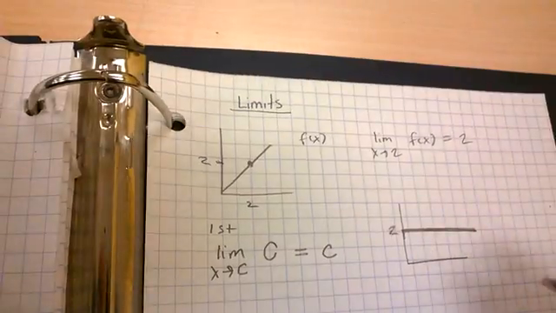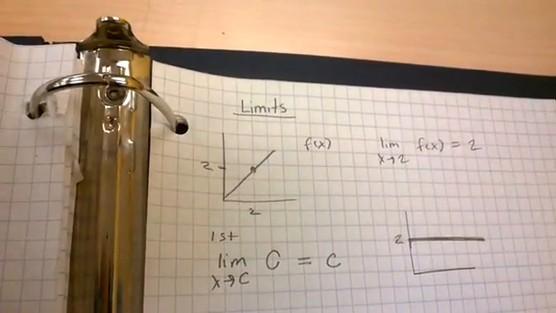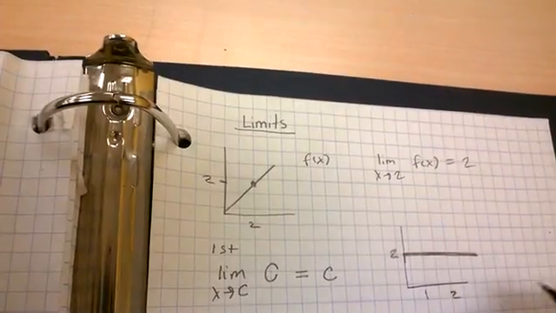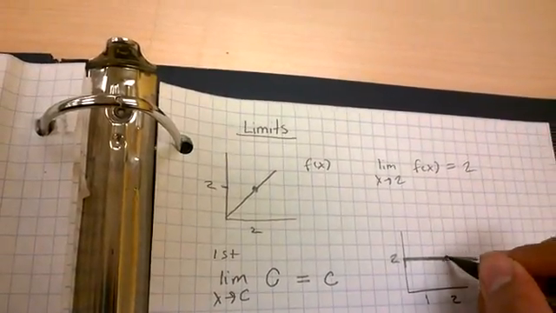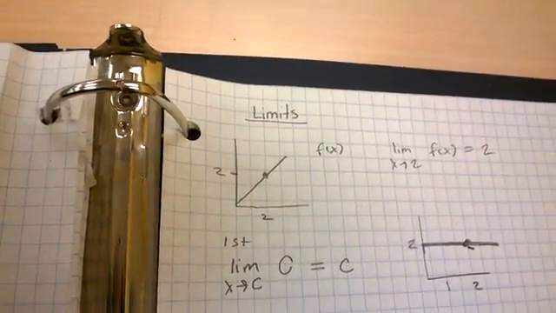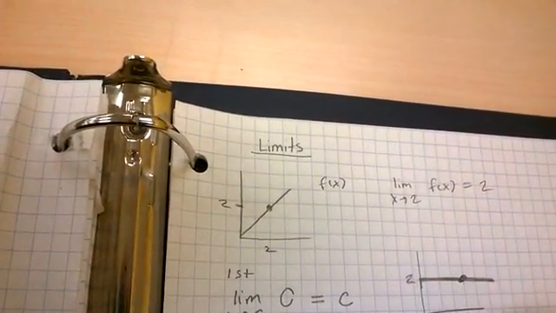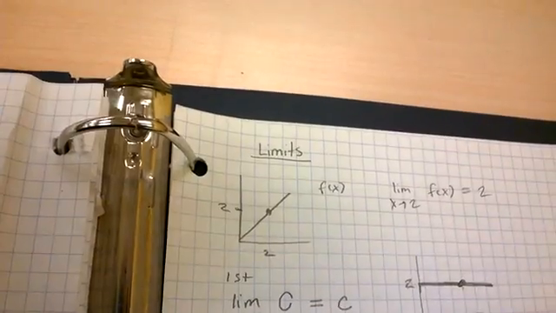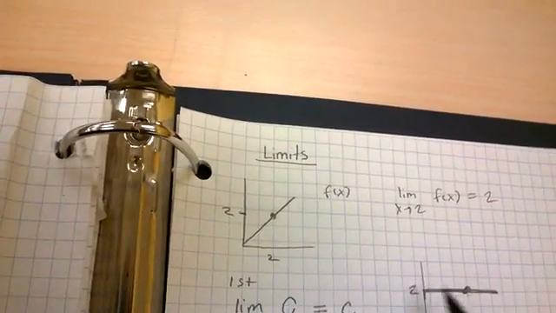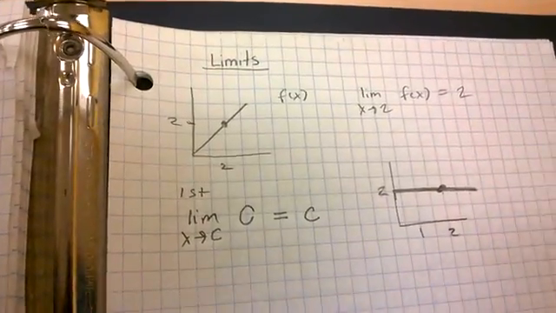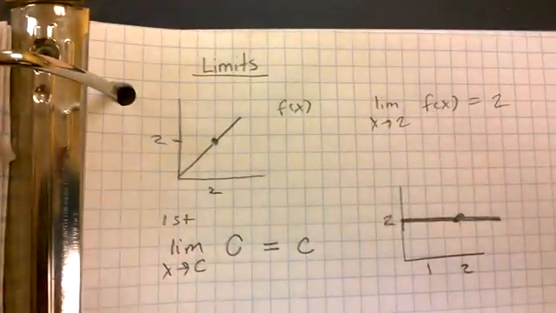This is 2. C could be any number, it could be 2, it could be 3, it could be 100, it could be infinity, whatever. As long as your function is going to be a graph, which is going to be 2. Alright?